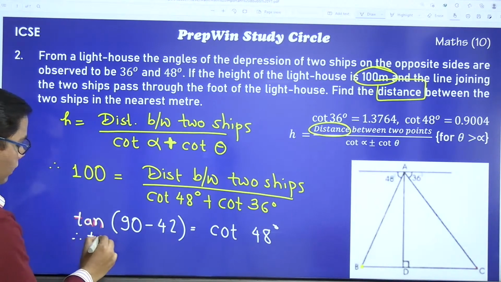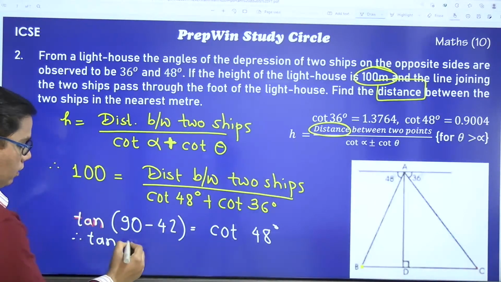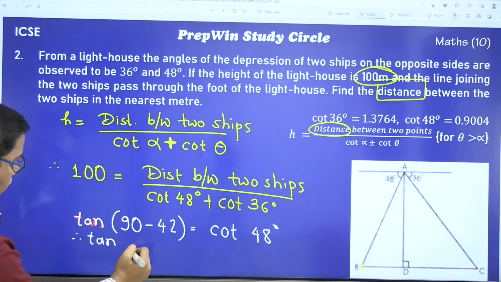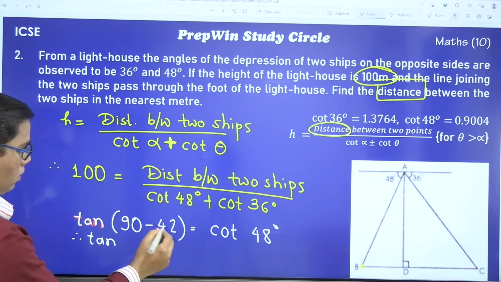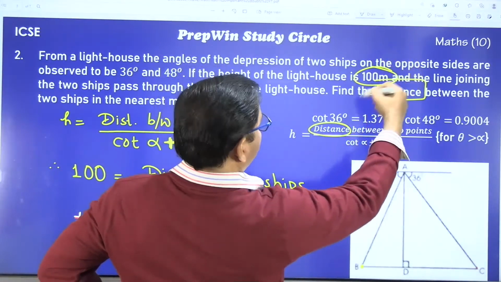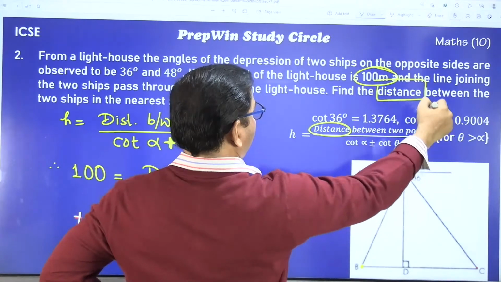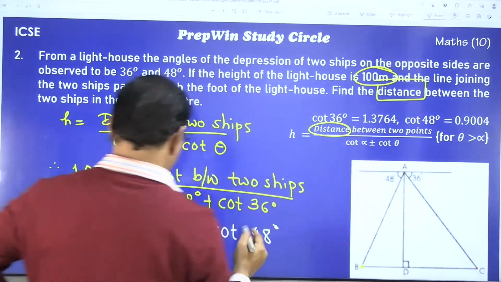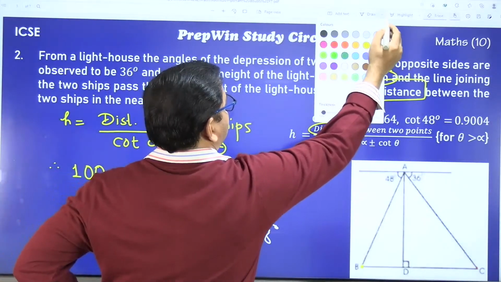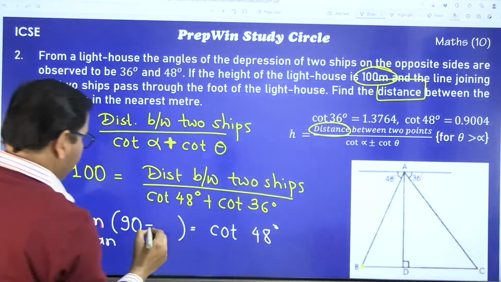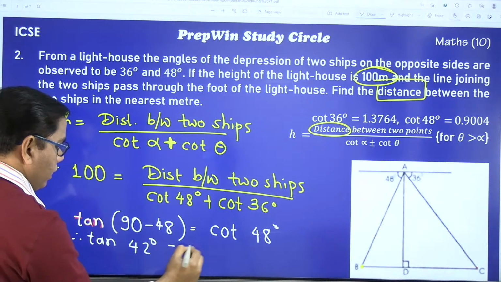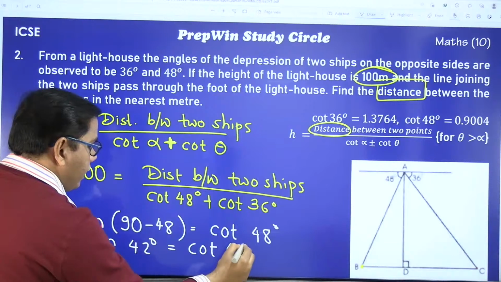Wait. I want cot 48, right? Cot 48 is tan 90 minus 48. So tan 42 degree is equal to cot 48 degree.